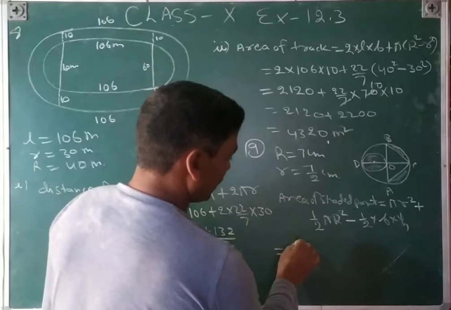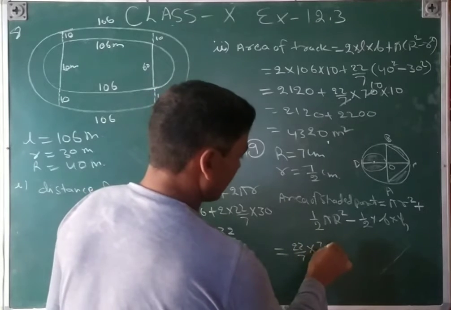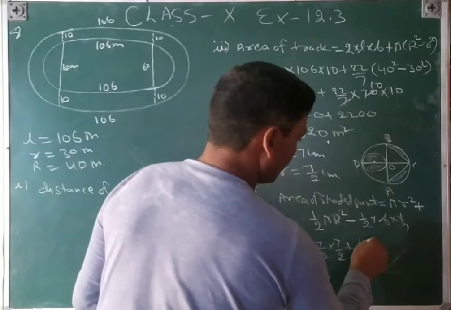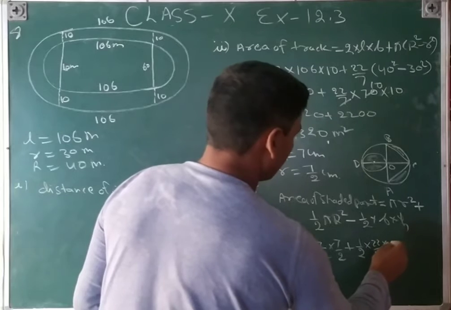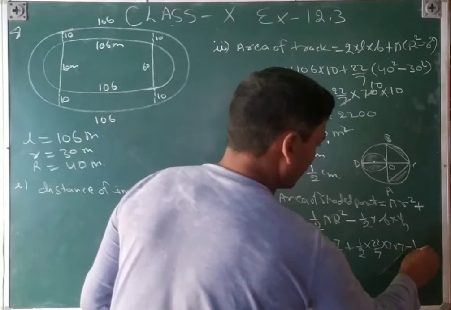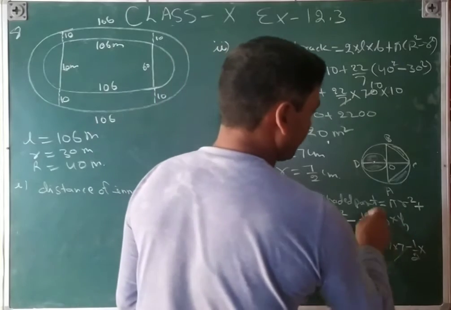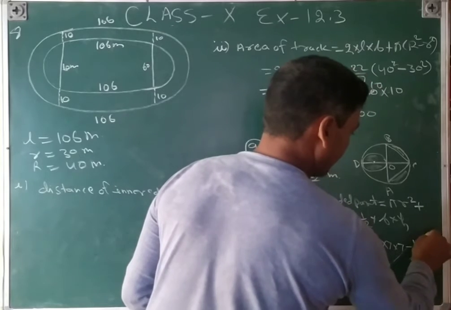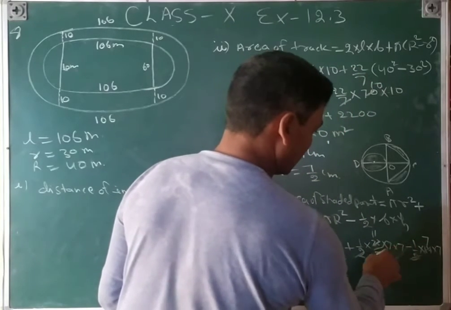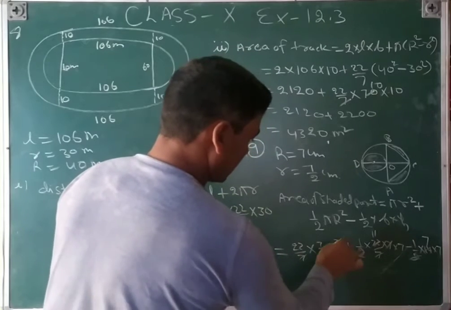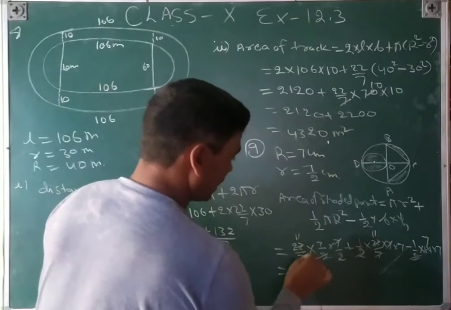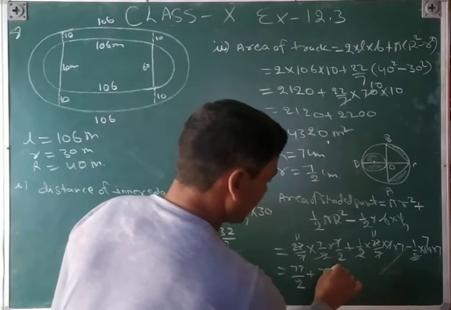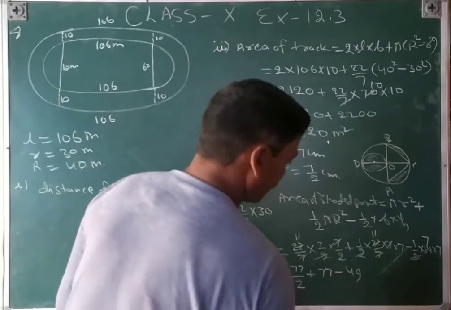So 22 upon 7 into 7 upon 2 into 7 upon 2, then plus 1 upon 2 into 22 upon 7 into 7 into 7, minus 1 upon 2 into base 14 multiplied by 7. So 11 times 7 is 77 upon 2, and then plus 77 minus 49.